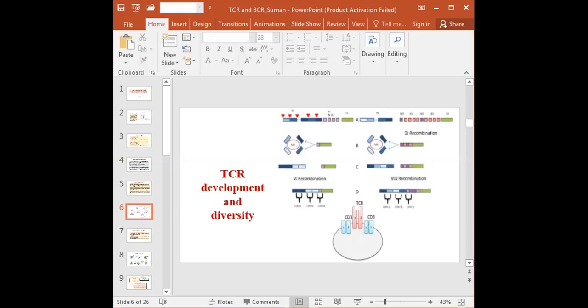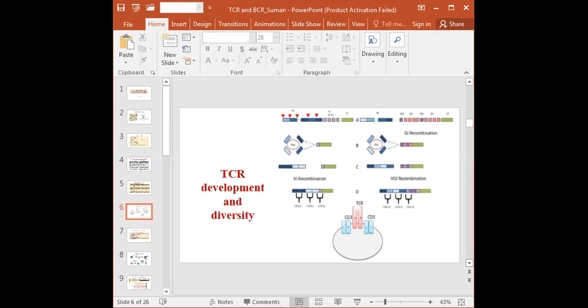CD3 is not at all variant, it's an invariant molecule. So the variable part is the alpha and beta chains. T cells expressing these two chains are referred to as alpha beta T cells, though a minority of T cells express alternative receptors formed by the variable gamma and delta chains, referred to as gamma delta T cells.